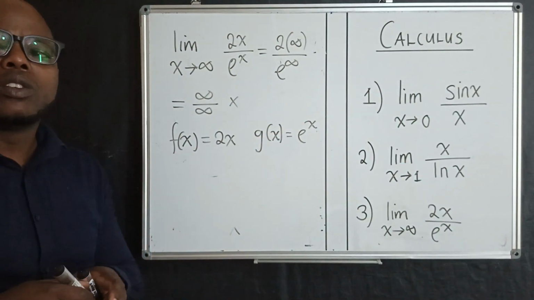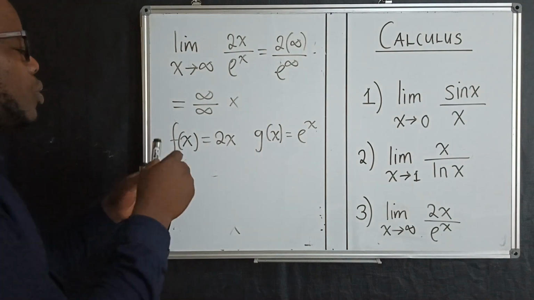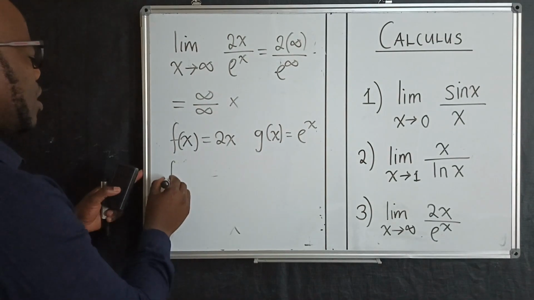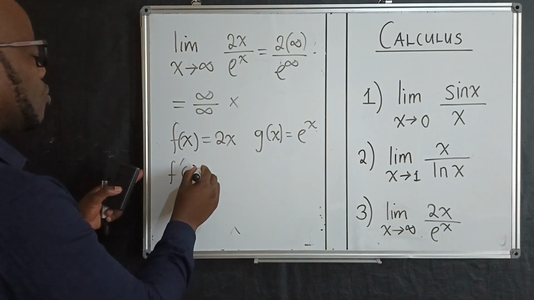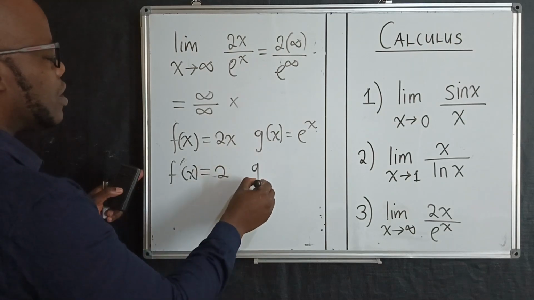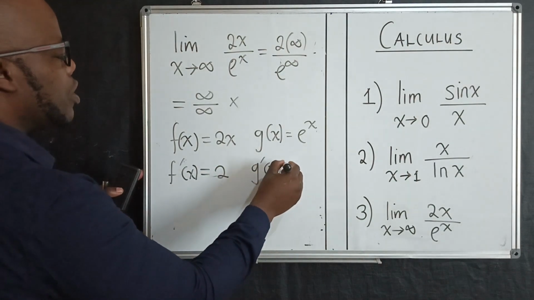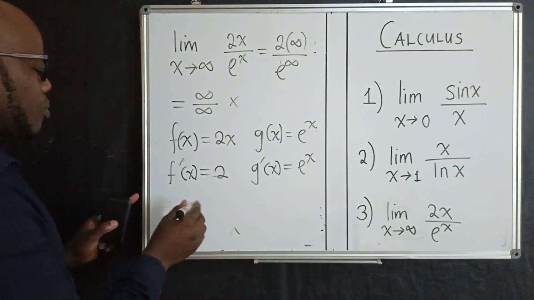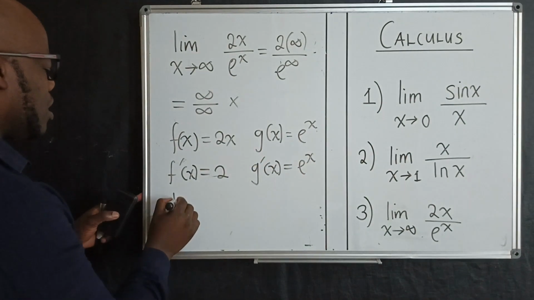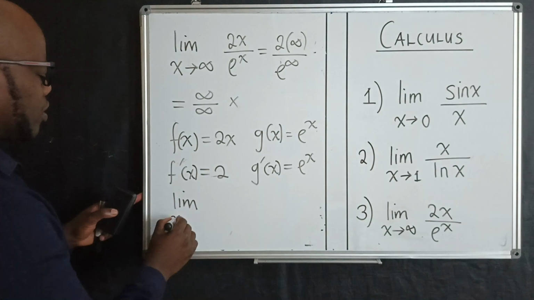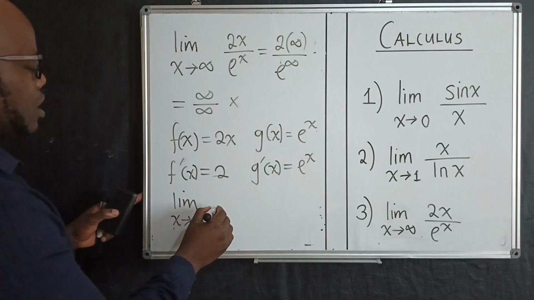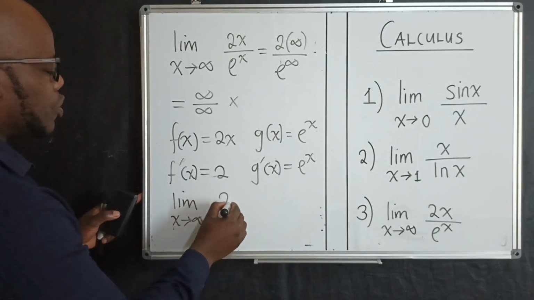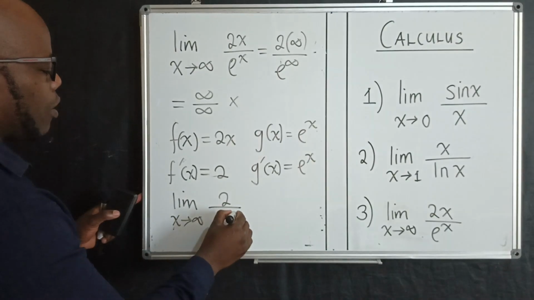So now from here, we can find the derivative of f of x, which is equal to 2, and the derivative of g of x, which is the same thing, e power x. The derivative of this is just the same. And then we plug in the limit as x approaches infinity of 2 over e power x.